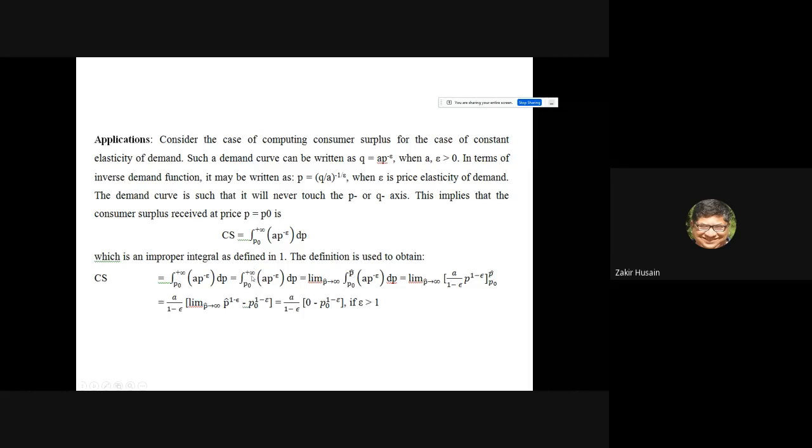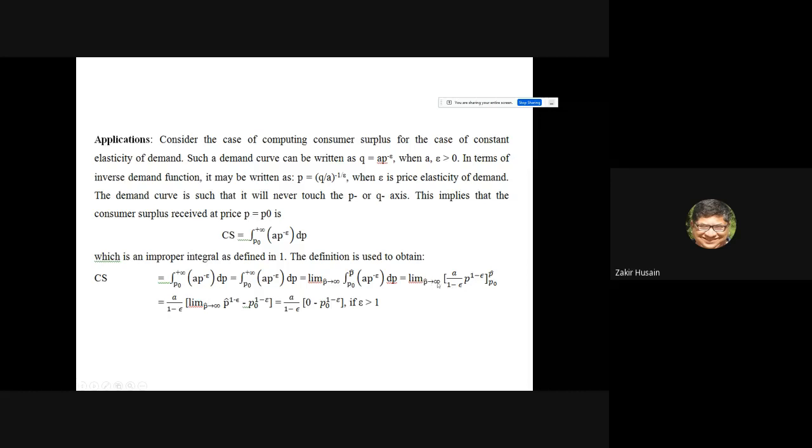We assume the demand function asymptotically approaches some price p hat. So we put this p hat over here, we add the limit, and then we just take the integral of this, keeping the limit.